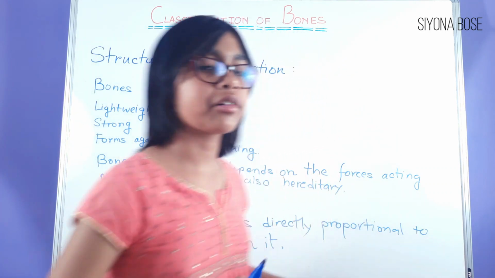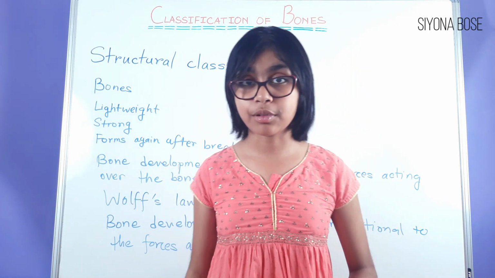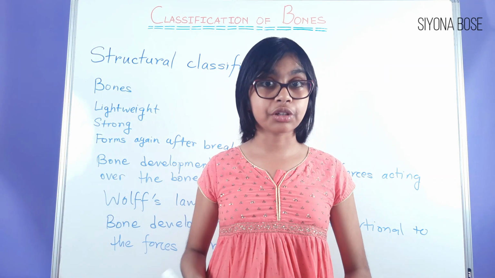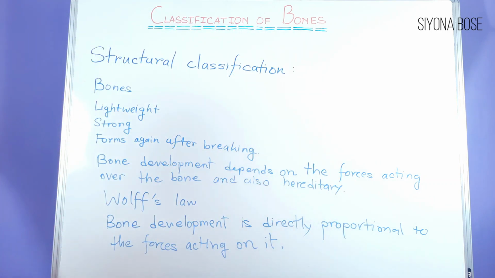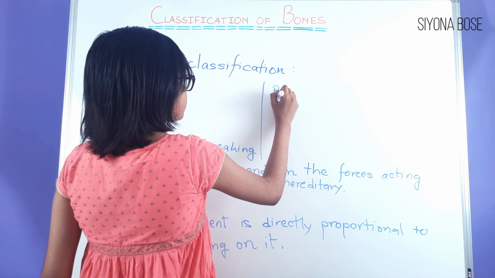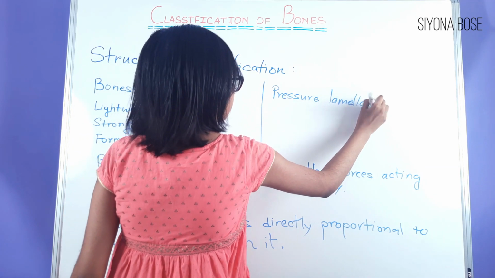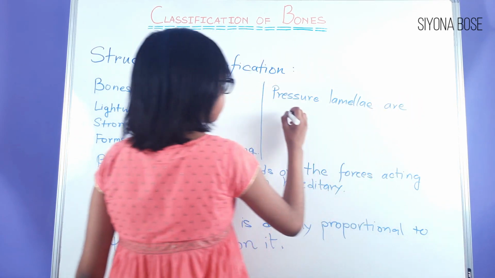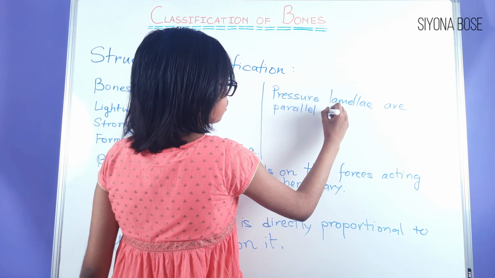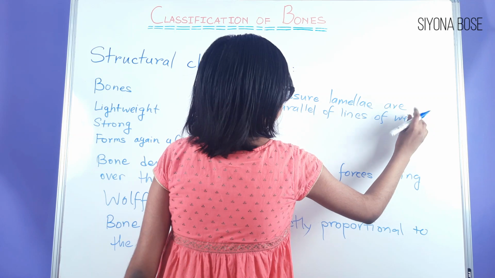And also talking about lamellae, which is the same as trabecular, as I said previously, the meshwork of rods and plates is also called lamellae. The pressure lamellae are parallel to the lines of weight transmission on the bone. I'm just writing it here. Pressure lamellae are parallel to lines of weight transmission.